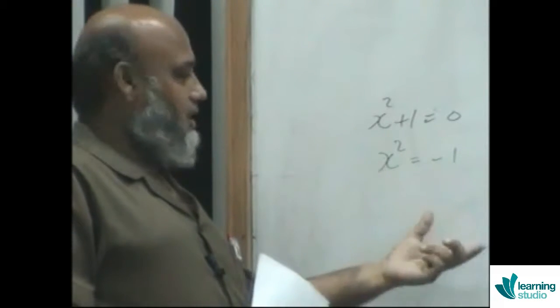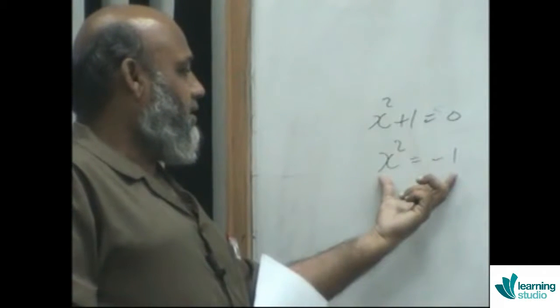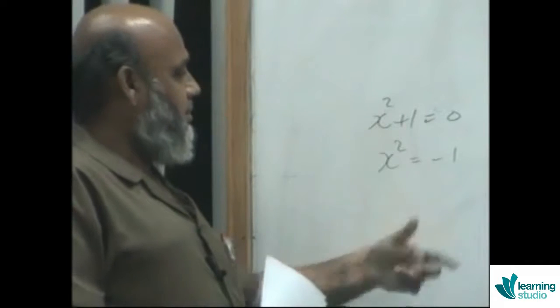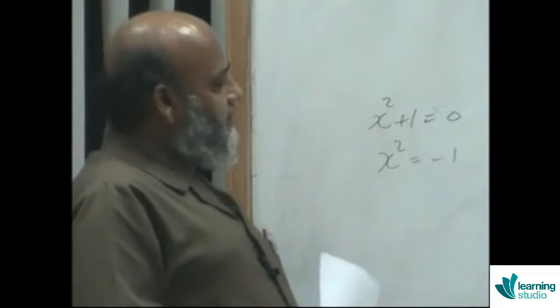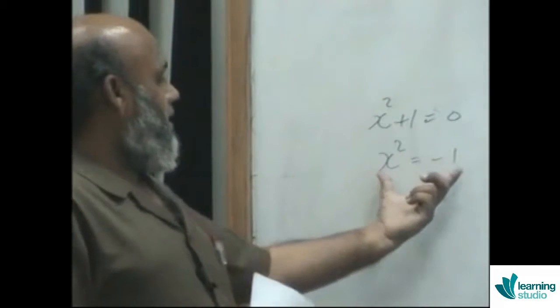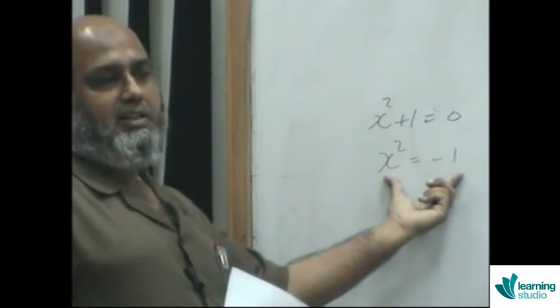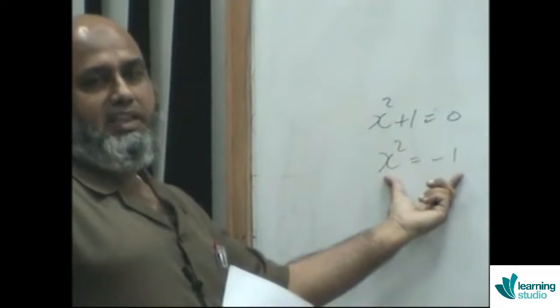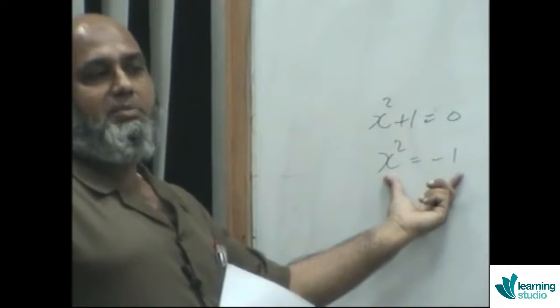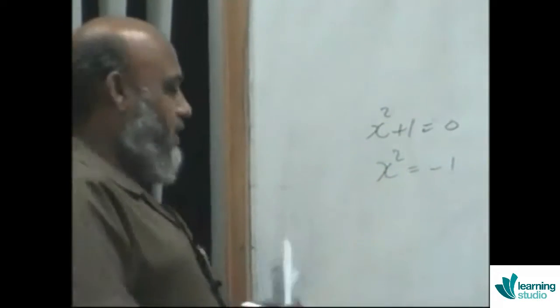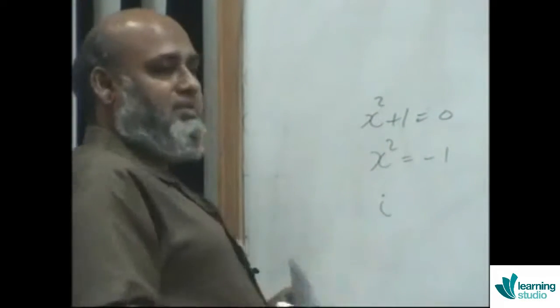So after many efforts, they came across the idea that there is some number which can be termed an imaginary number. Iota is the imaginary number.